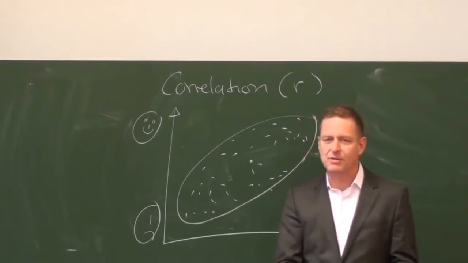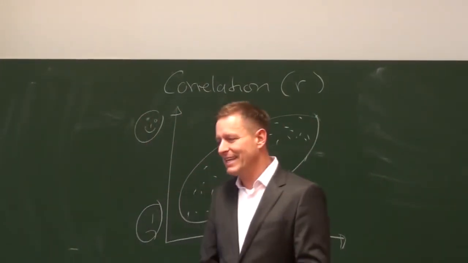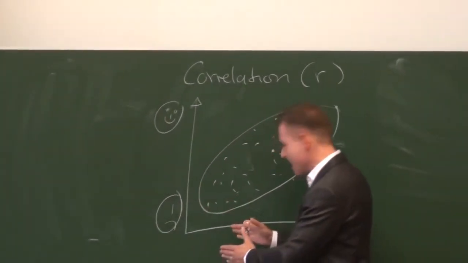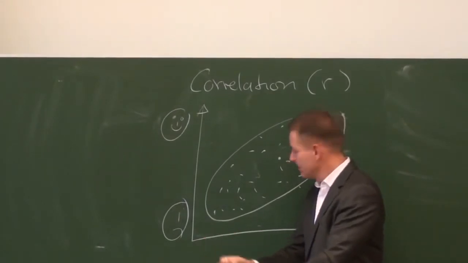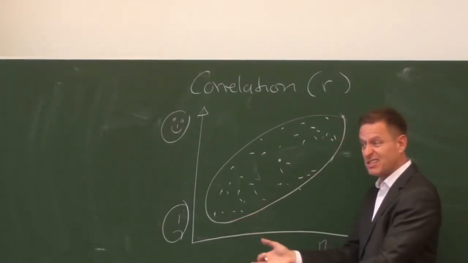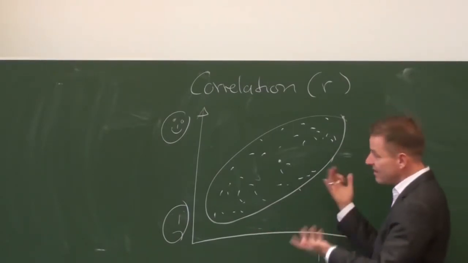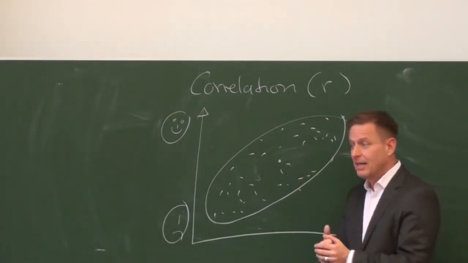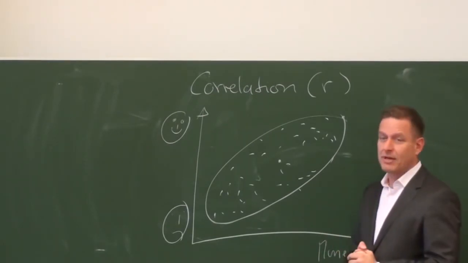So the shape of the cloud is like this. The question now is, is there a relation between money and happiness or not? As we can see from this result, it's a yes and no. It's not a clear yes, but it's also not a no. In statistics, we want to have a clear number.